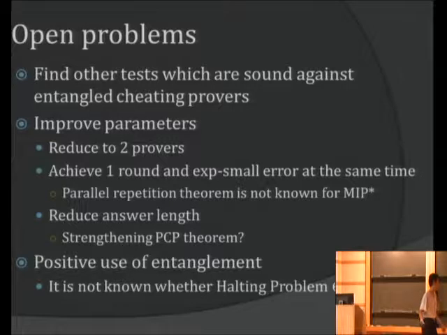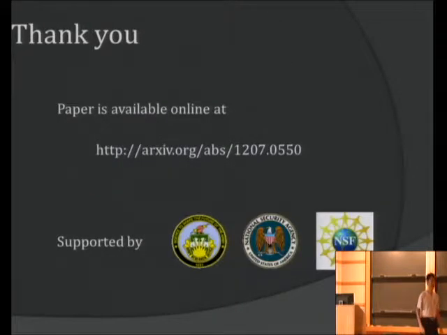For example, we don't even know whether the Halting problem has an MIP star system. Probably no one expects that, but we don't have a proof that it doesn't. So we are still far from a complete understanding of this model. That's all. Thank you for your attention.